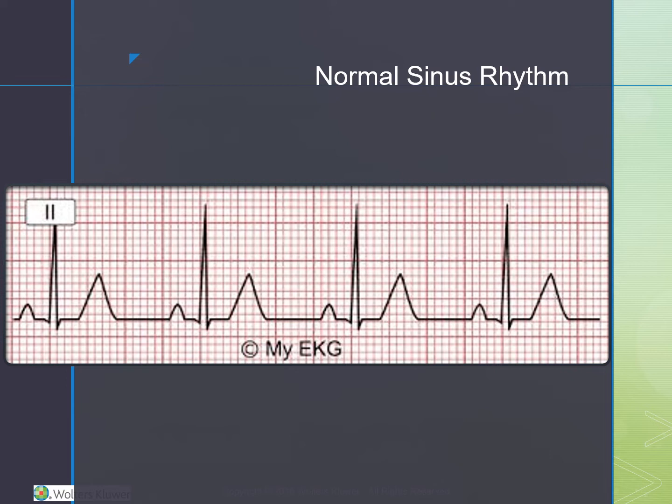The atrial arrhythmias that originate in the sinus node include sinus bradycardia and sinus tachycardia. Atrial arrhythmias that develop in sites outside the sinus node include premature atrial contractions, supraventricular tachycardia, atrial flutter, and atrial fibrillation.